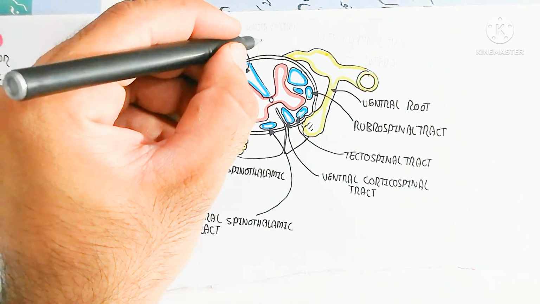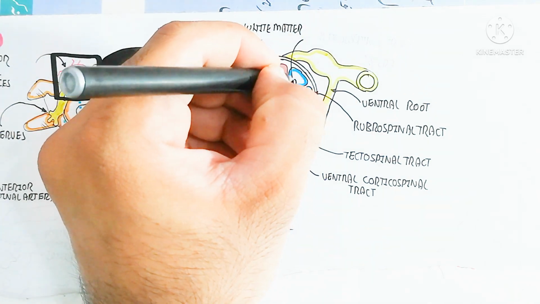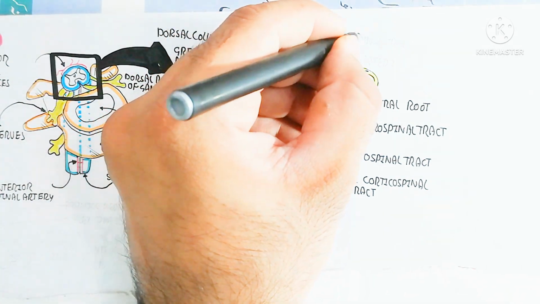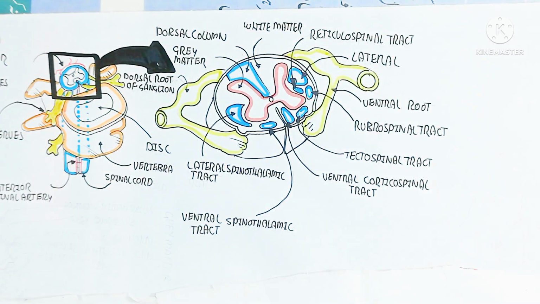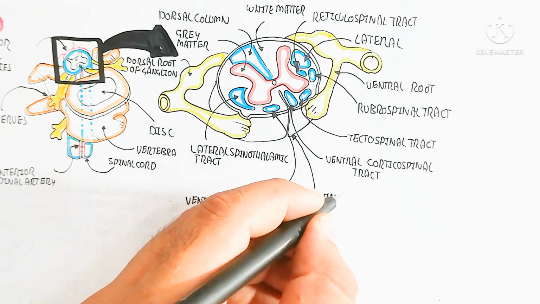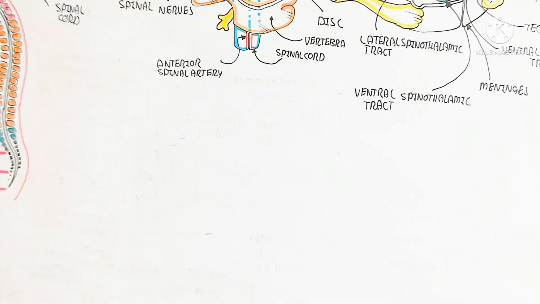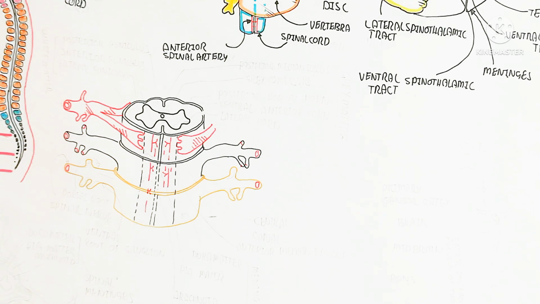Remember, we will discuss each of these separately in the next videos, including the spinothalamic tract and the reflex of the different nerves toward the brain. This is the white matter, where the reticulospinal tract and the lateral spinal tract are present.